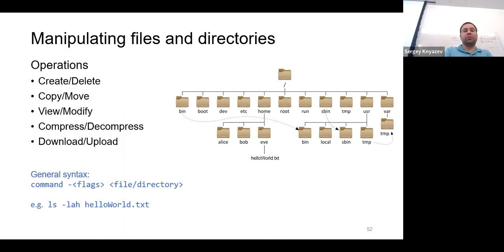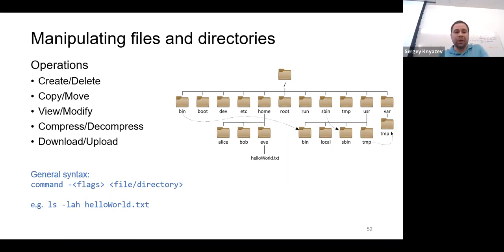The first type is to create or delete files. Second, copy or move files. You can also view or modify the files. And you can compress, decompress files if you want to save some space. And download and upload files.